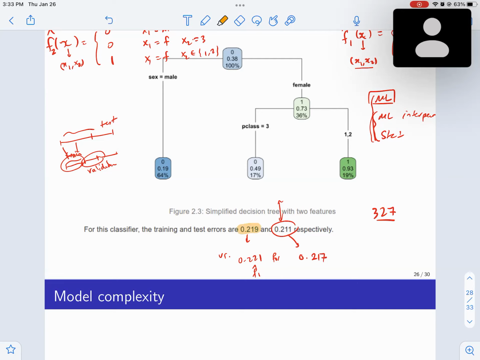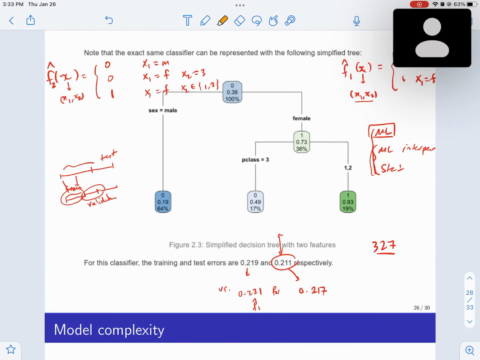And we got that with this data, the training error is 0.219, and the other number is the test error, 0.211. And for the classifier that did not take into account the P class, so basically the one that ignores this split here, so just does this or that, decides based on those, the training error turns out to be that, and then the test error turns out to be this.